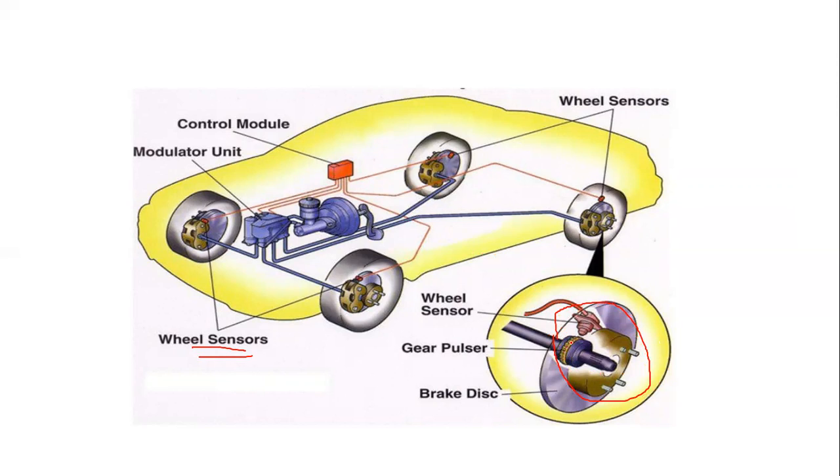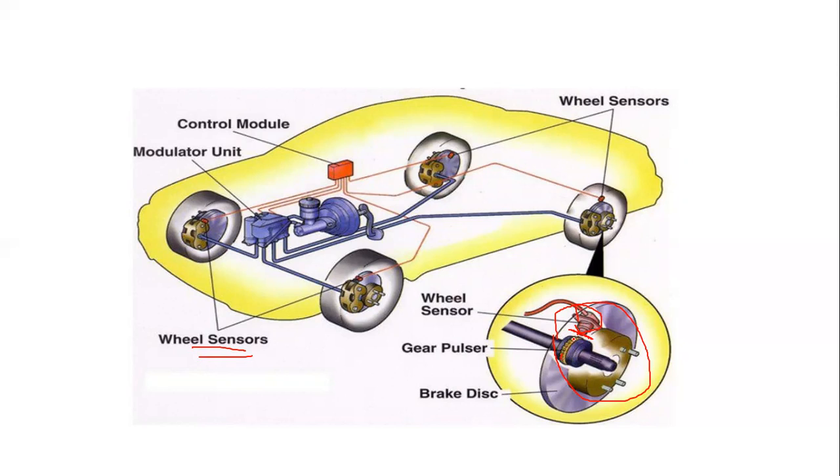This yellow gear shaped profile is the one I told about earlier in case of ABS. This gear has teeth. This is the sensor probe, and this is the air gap I mentioned earlier.